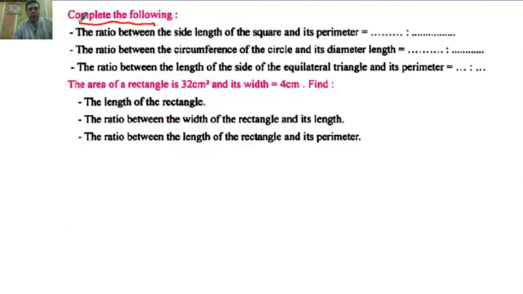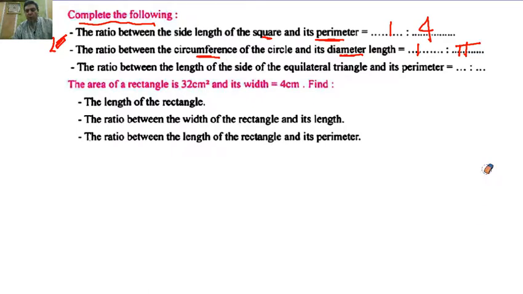Complete the following. We learned this question before. The ratio between the side length of a square to its perimeter is 1 to 4. The ratio between the circumference of a circle to its diameter equals pi to 1.